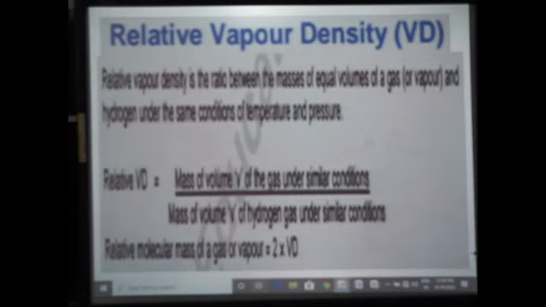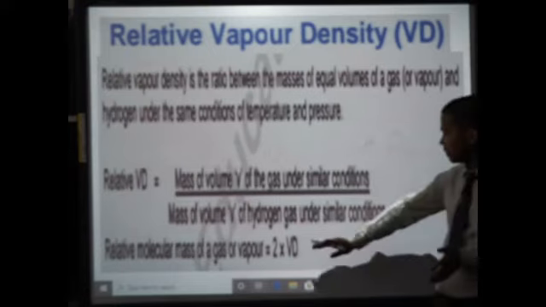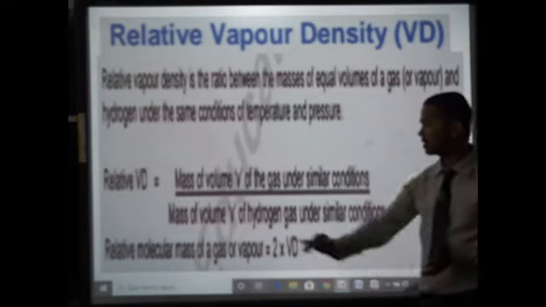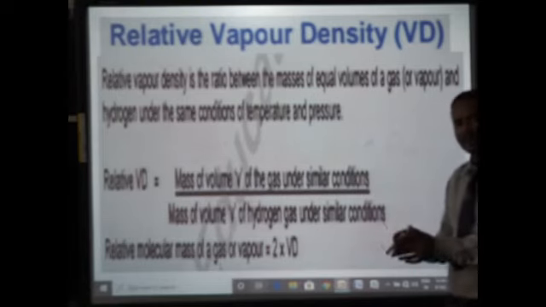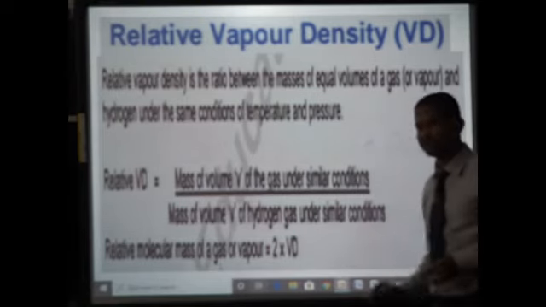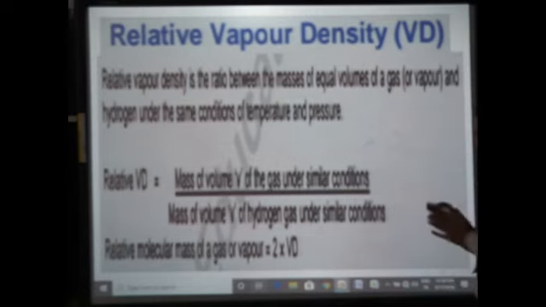It is equal to 2 into vapor density. That means when vapor density is given, you can find relative molecular mass of gas. If relative molecular mass is given, then you can find vapor density. So how to find vapor density? Vapor density will be equal to relative molecular mass of gas or vapor divided by 2.